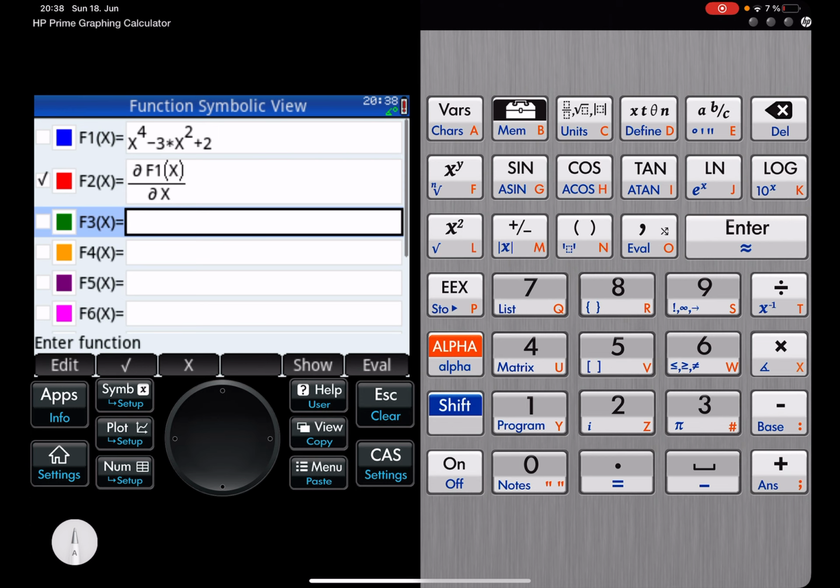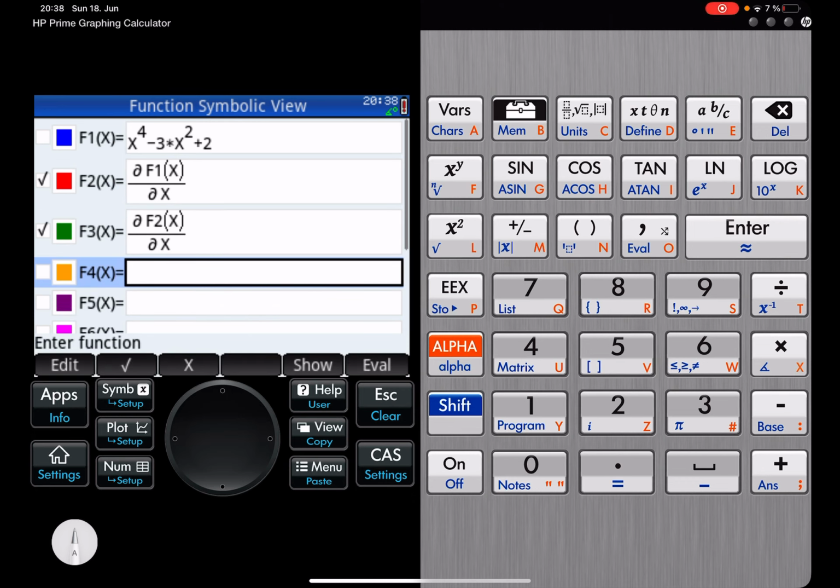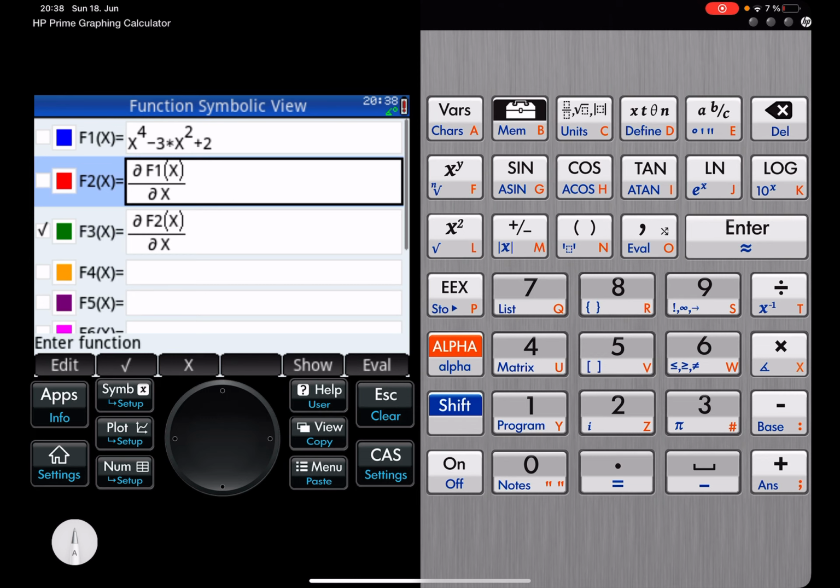I could find the derivative of this one. So this is finding the second derivative. I've taken the original function, and then I found its derivative, and that was function 2. Now I'm finding the derivative of the derivative in function 3.